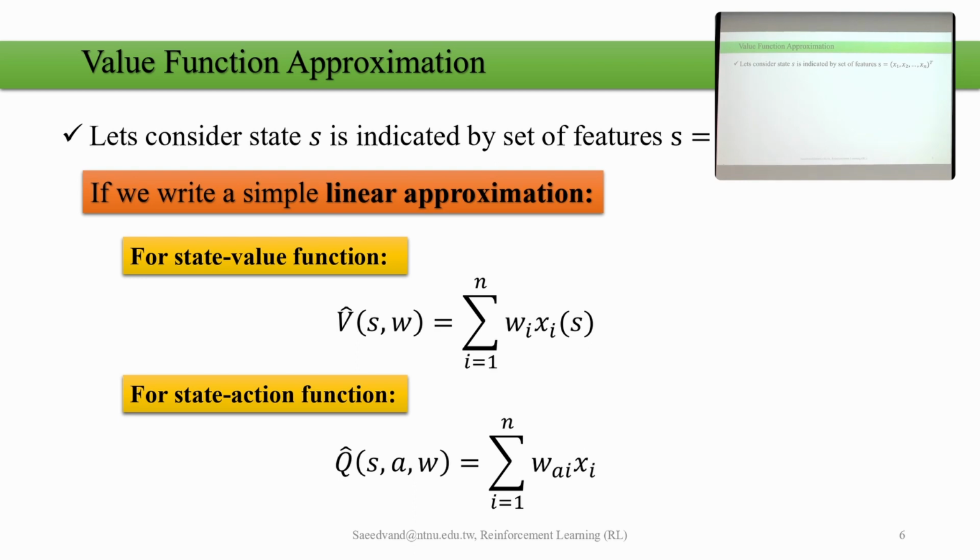So far, I was telling you we are at state T, state T added by 1, state added by 2. But now we don't know it anymore. Why? Because we don't have a table anymore to go look up and say this is the state. So we need to take into consideration some features of this state.